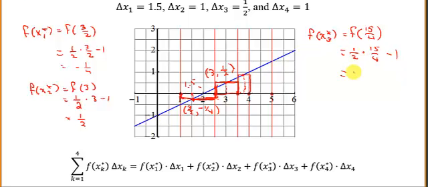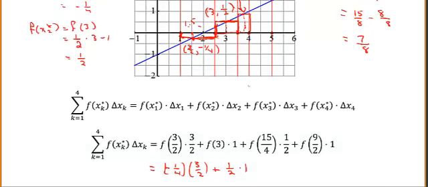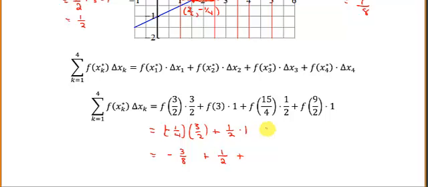So that would be 15/8 minus 8/8, which is going to be 7/8. So this point right here, I put an arrow to it, is going to be 15/4 and 7/8. So this rectangle is 1/2 wide and 7/8 tall. So this is going to be 7/8 times 1/2.